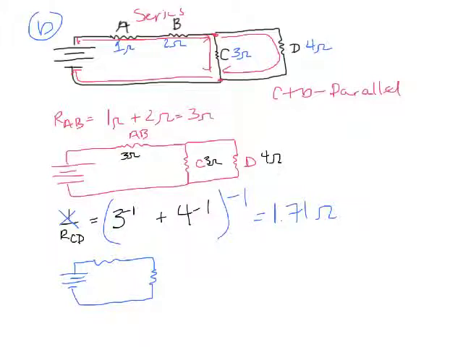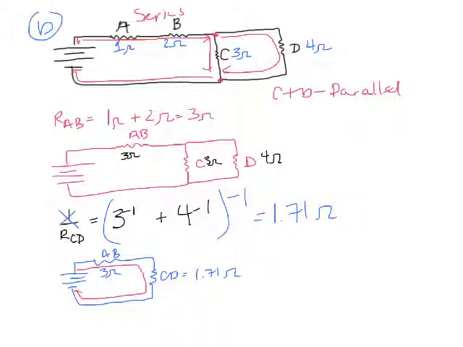So if we redraw our resistor one more time, we'll have something that looks like this, an AB, which is 3 ohms, and CD, which is 1.71 ohms. And then, if you think about this equivalent resistor and where the electrons would have to go, they are forced through AB and through CD. So now these equivalent resistors are in series with each other.